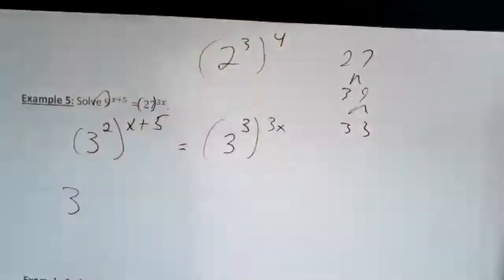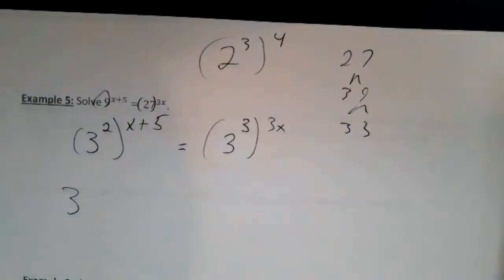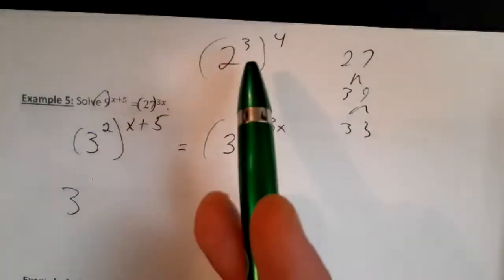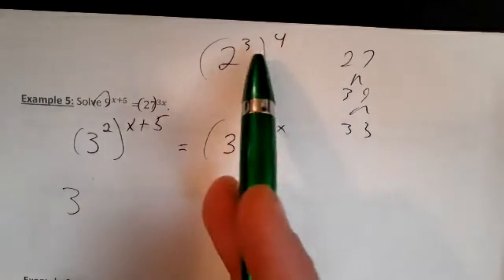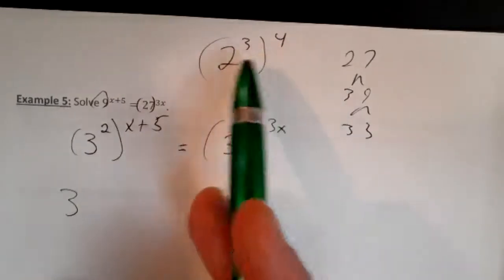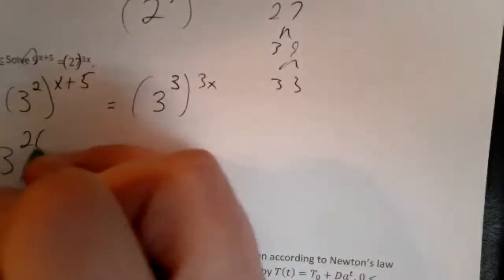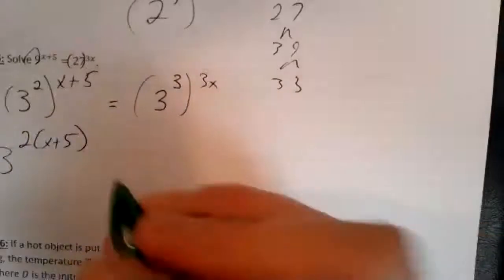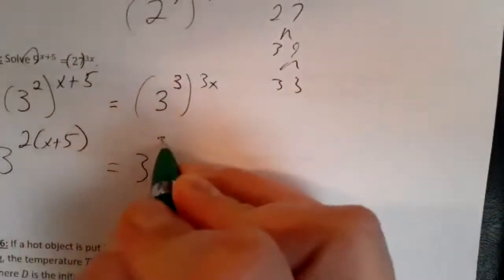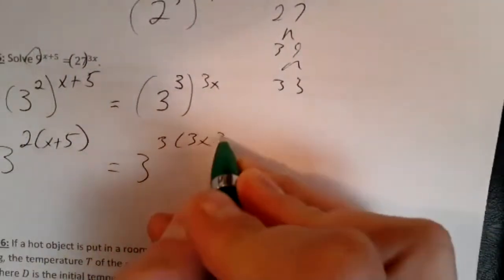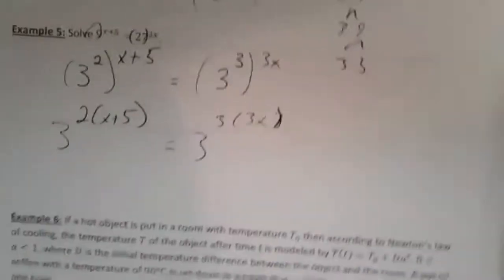Yeah, we did something like that. So if I have 4 groups of 3s, I have 3 times 4, or I have 12, right? And so the operation between exponents and exponents is going to be multiplication. And so we're doing this. This looks like 2 times x plus 5, and this looks like 3 times 3x.